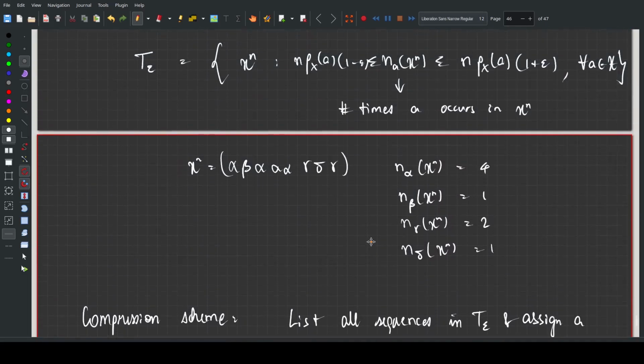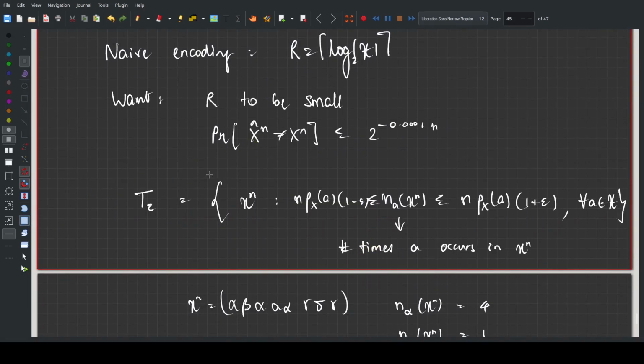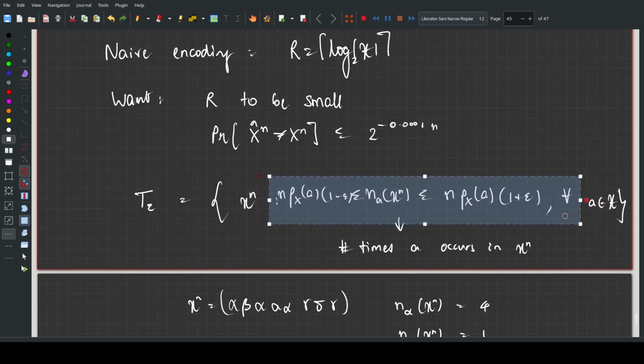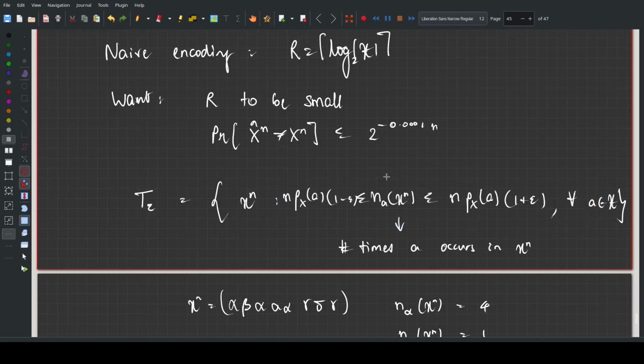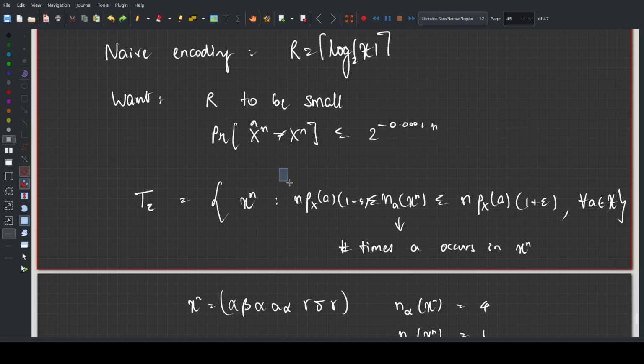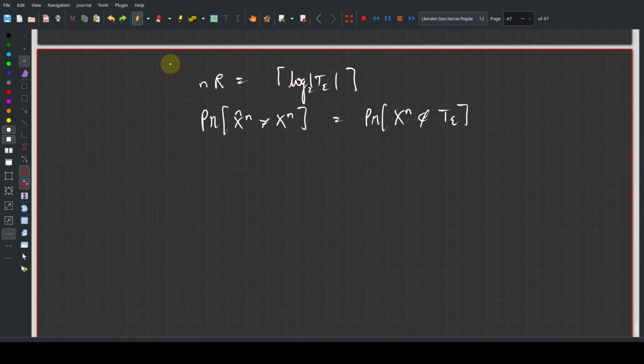Okay, so let's maybe write this down. The probability that x^n is not in T epsilon is equal to the probability that for at least one symbol, the number of times that symbol appears in x^n is not close to the true probability.